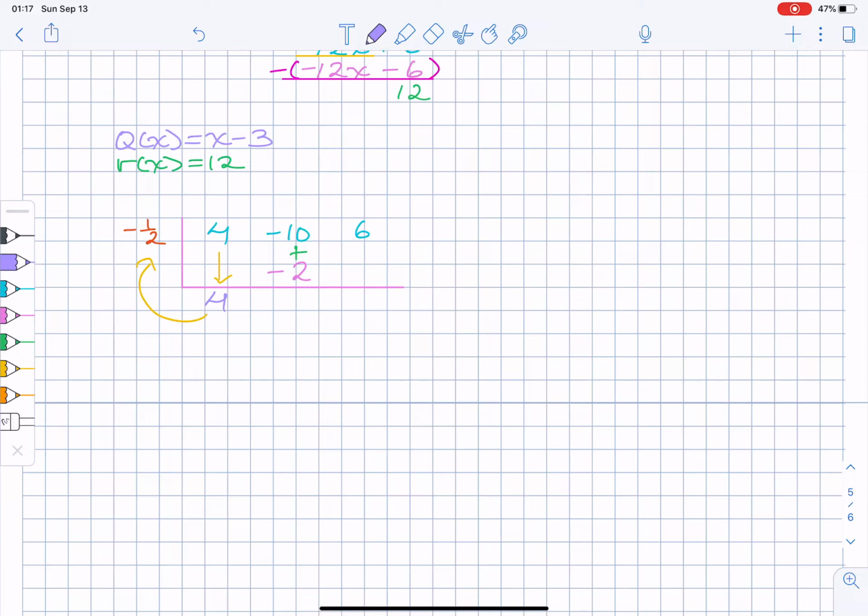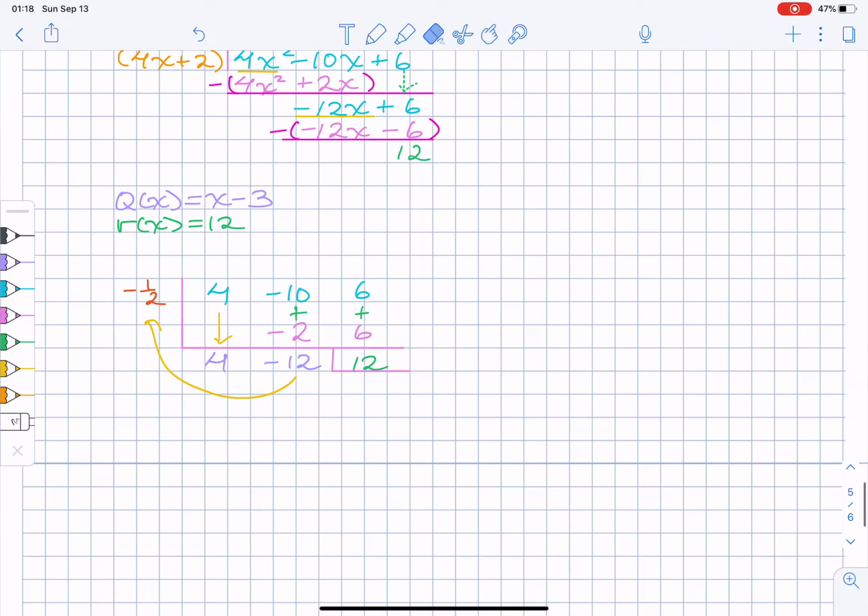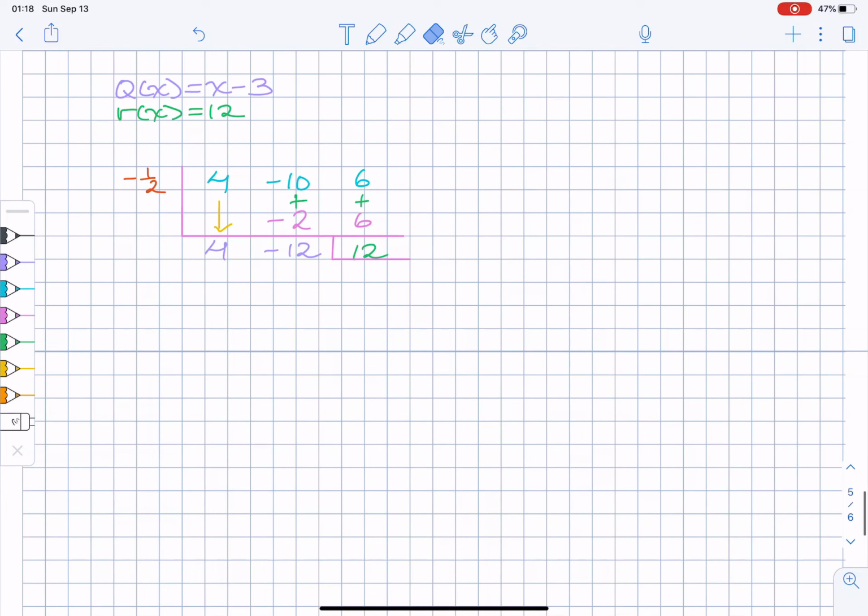2 negatives, so it's negative 12. I start again multiplying negative 12, or dividing negative 12 by negative 2, and I claim that I get a positive 6. Add these two together, and lo and behold, my remainder is 12. Okay, but what about my quotient? Well, my quotient, according to this, will be 4x to the first minus 12.